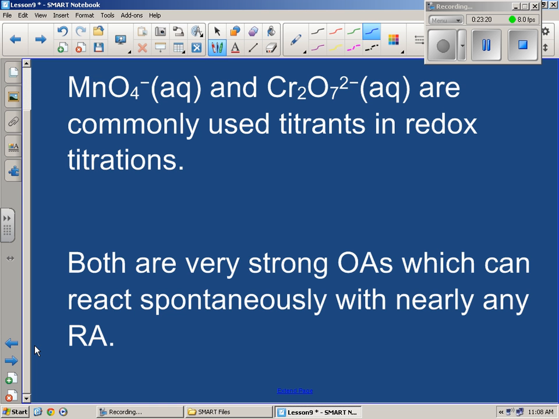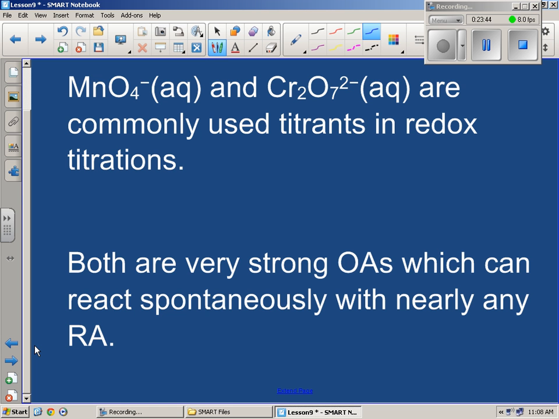Those 2 with an acid are almost always your SOAs. I'd be surprised if they're not. I'm not going to say always, because there's some stuff that's higher, but generally speaking, those 2 are up there. They're strong.